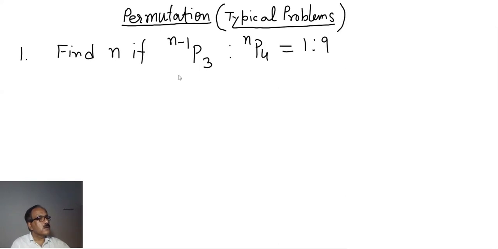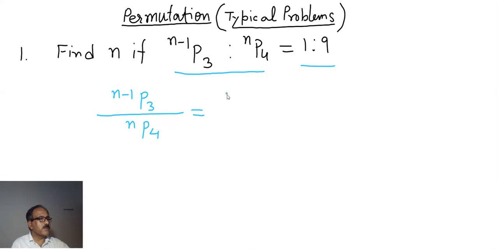See, this problem may be written as (n minus 1)P3 upon nP4 is equal to 1:9, may be written as 1 upon 9. Here applying permutation property, the property is nPr is equal to factorial n upon factorial n minus r.